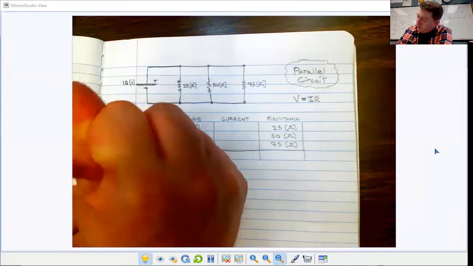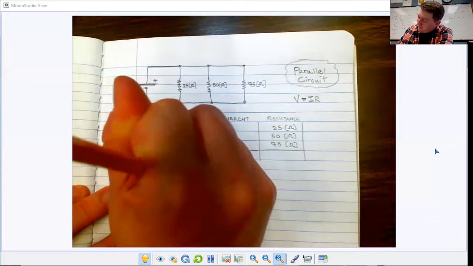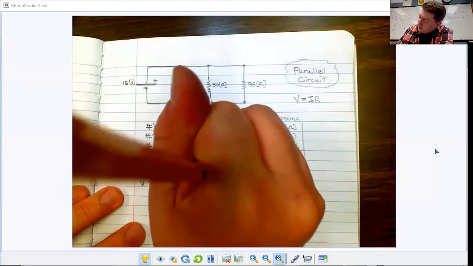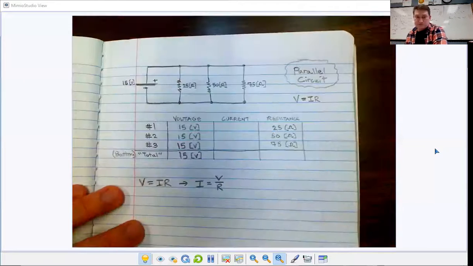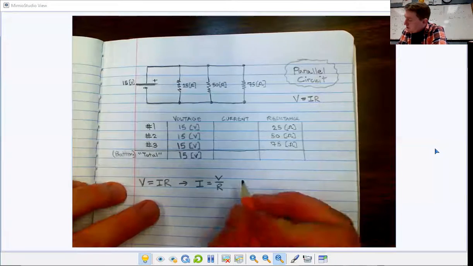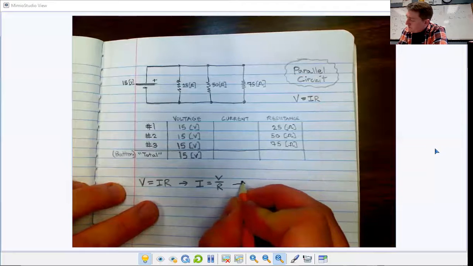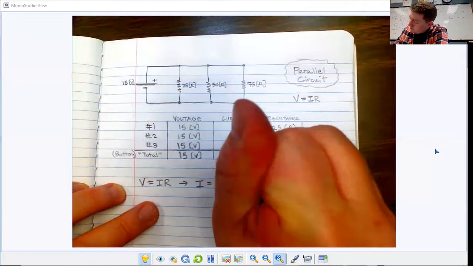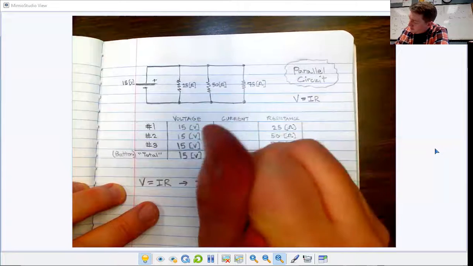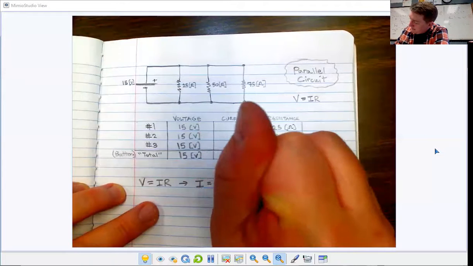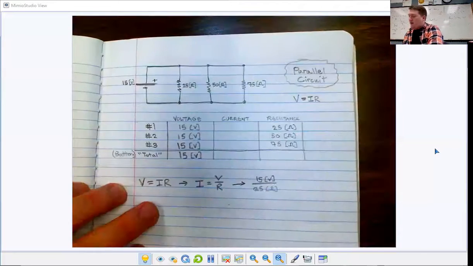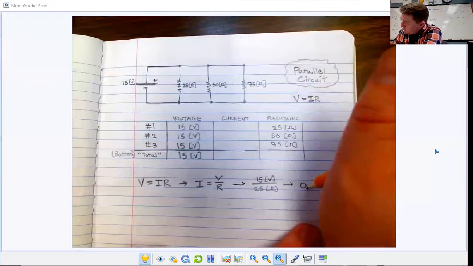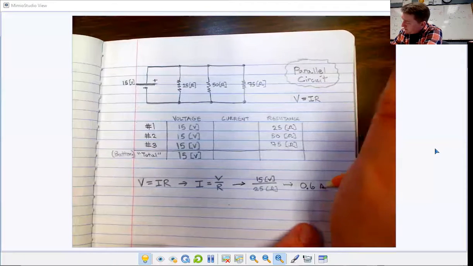V equals IR, and therefore I equals V over R. Calculating that for each path, I'm going to have the 15 volts divided by the resistance of the first path. And 15 over 25 is 0.6 amps on the first path.